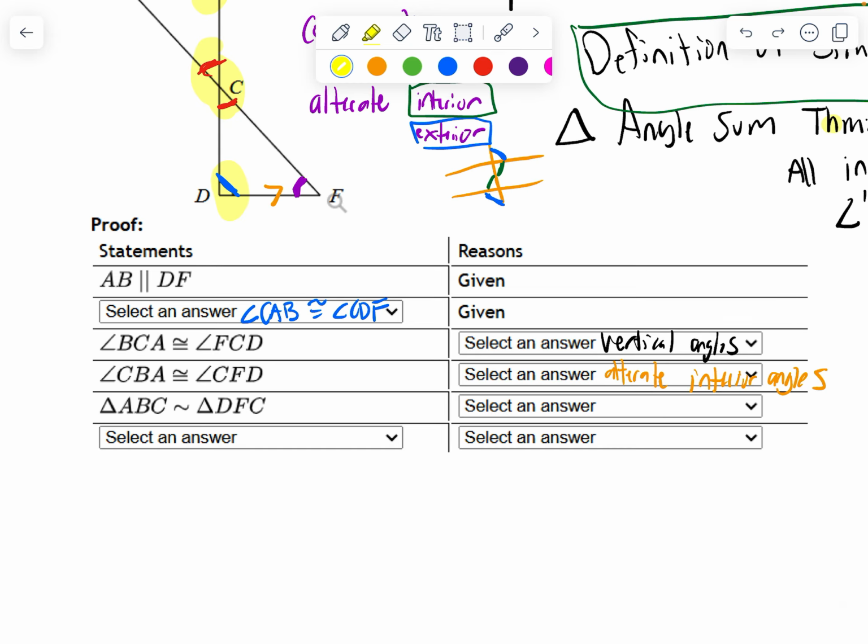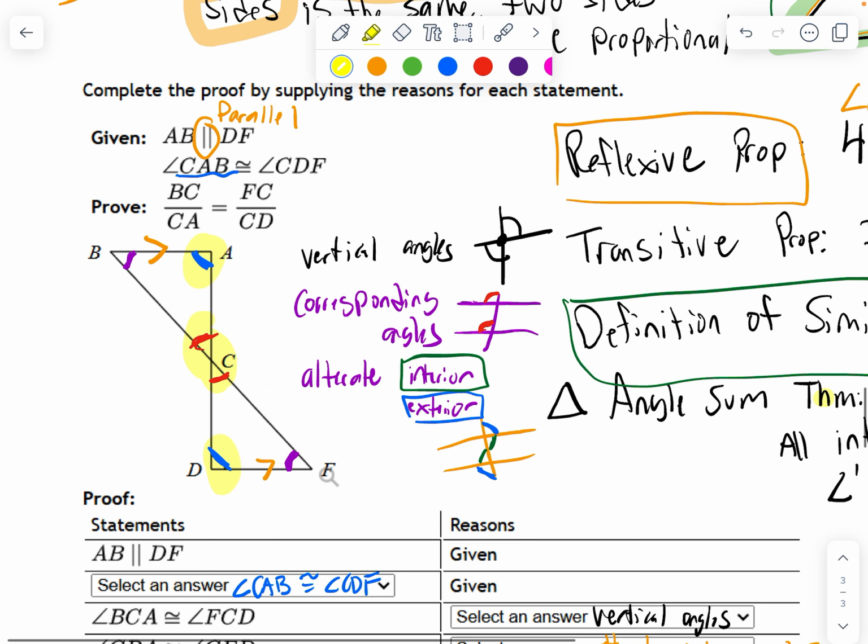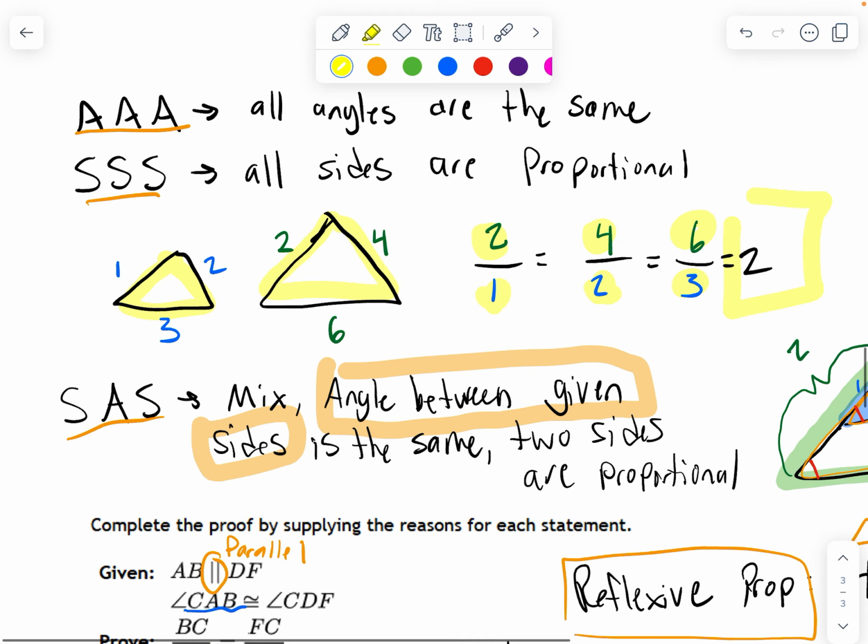All right, so now we look at the next one. It says triangle ABC is similar to triangle DFC. Well, how do we know these triangles are similar? There's only three ways to prove similar triangles: angle, angle, angle, side, side, side, or side, angle, side. Now, we didn't have any sides given, which means the proof we just went through was an angle, angle, angle.